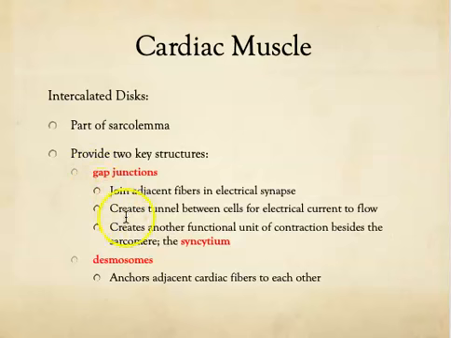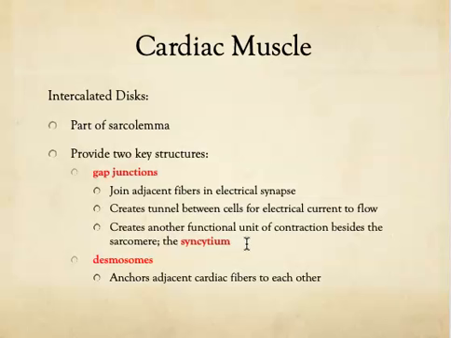Now, the other note I have here is that the gap junctions, the intercalated discs that occur between cardiac muscle cells, form another unit of contraction. I said a moment ago that cardiomyocytes don't all contract in unison in the heart. They have to contract in a wave pattern across the heart. It turns out that it's groups of cardiomyocytes that are contracting together in unison.